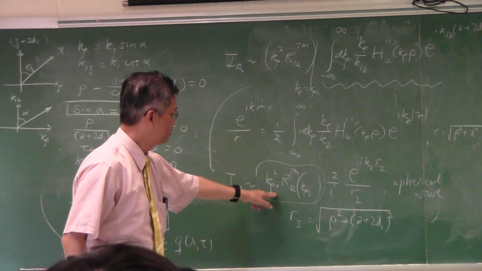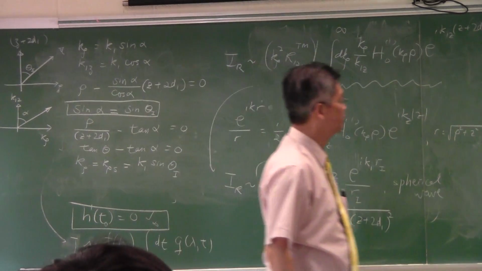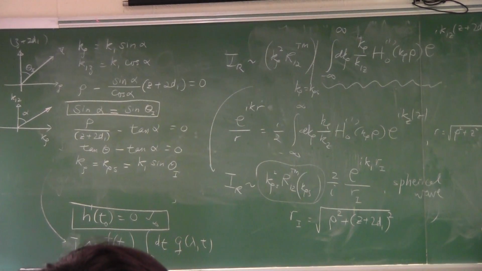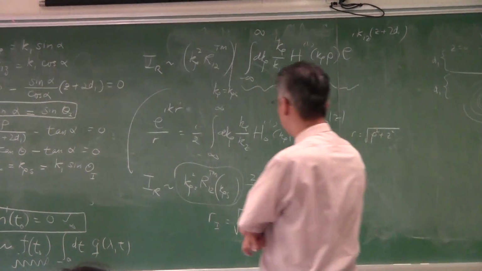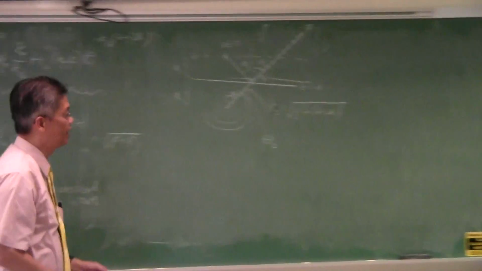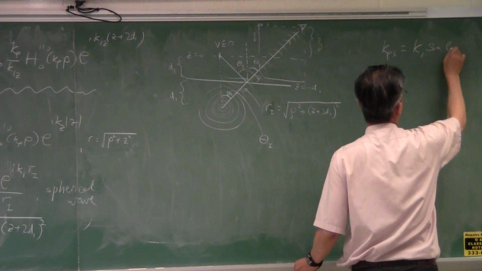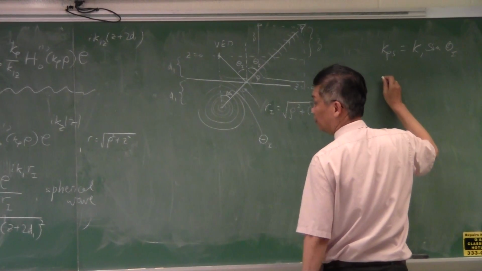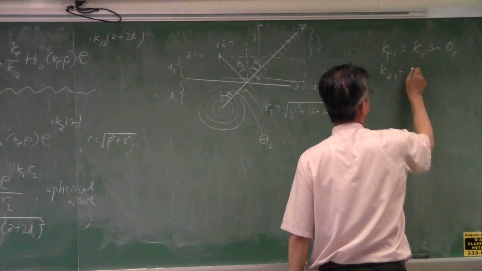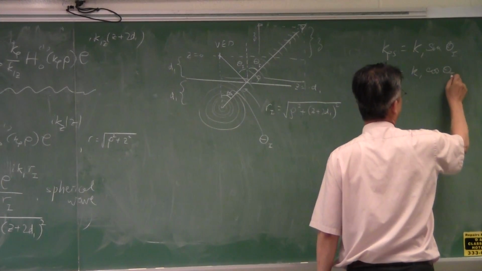So I can actually call this theta i, to be more precise. And then this would be the reflection coefficient, the Fresnel reflection coefficient of a wave coming in at an angle theta i. This is also theta i. So what does this tell you? This tells you that this is the Fresnel reflection coefficient evaluated with k rho s equal to k1 sine theta i, kzs is k1 cosine of theta i.